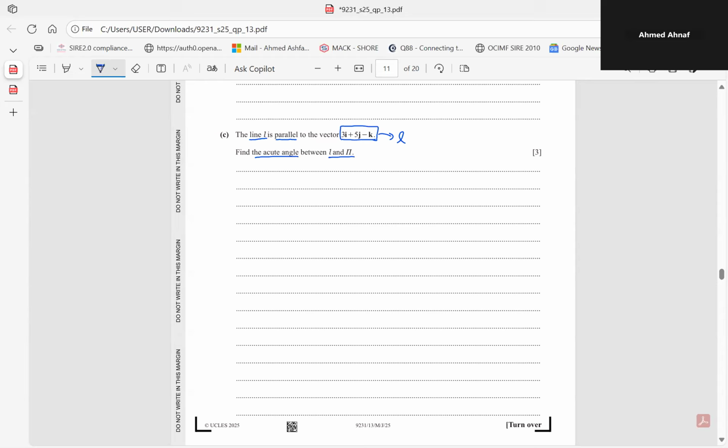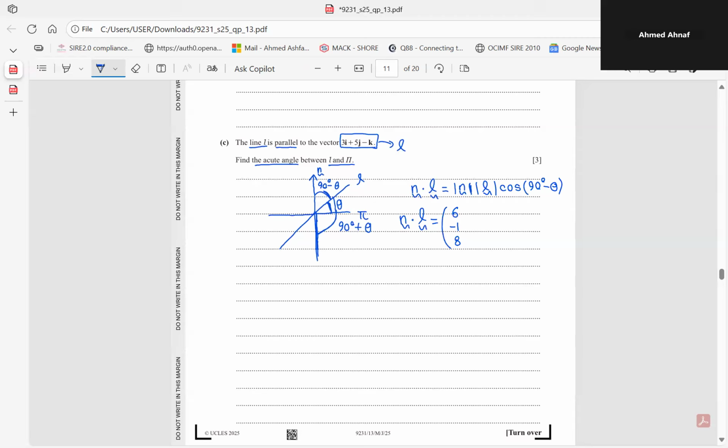Okay, so to do this, let's substitute n dot L. So n would just be (6, -1, 8), dot with L, which is (3, 5, -1).